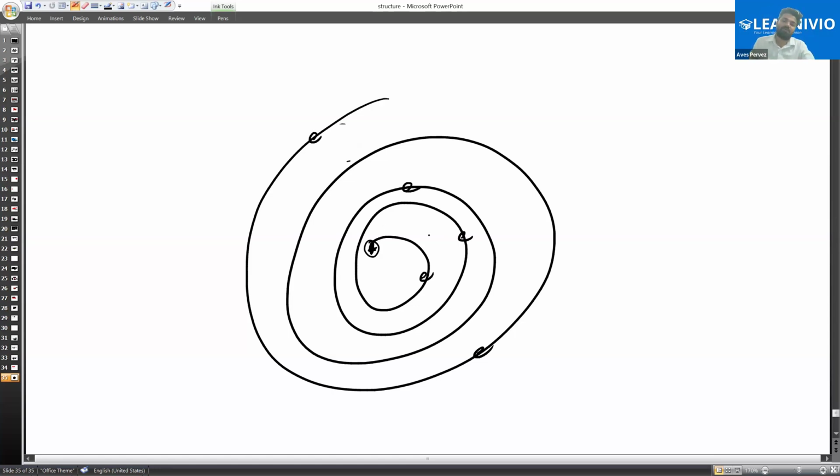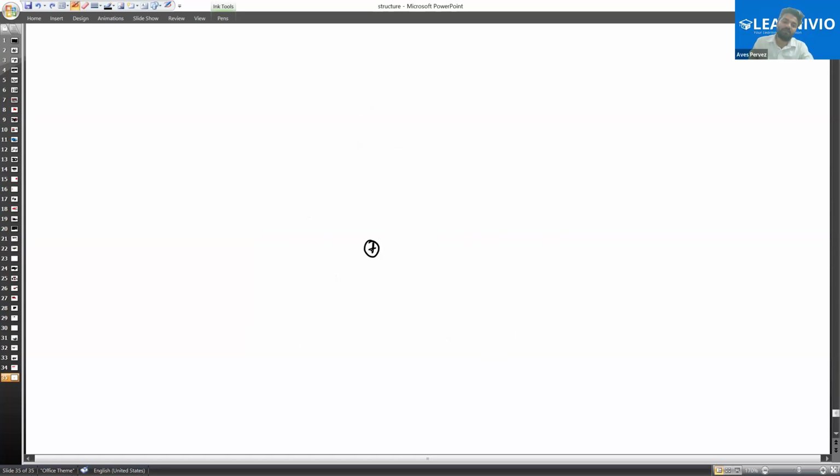Sure. What he said was that the atom contains a positively charged nucleus, and the positively charged nucleus is very small as compared to the size of the atom, because most of the alpha particles were going straight, indicating that the atom is mostly space, and 1 out of 12,000 is rebounding back.